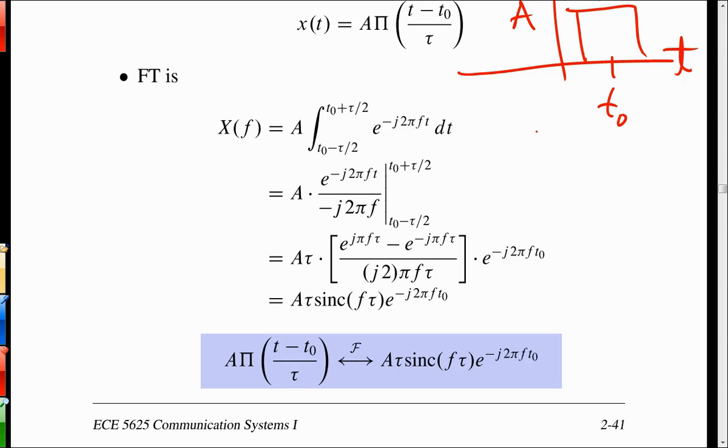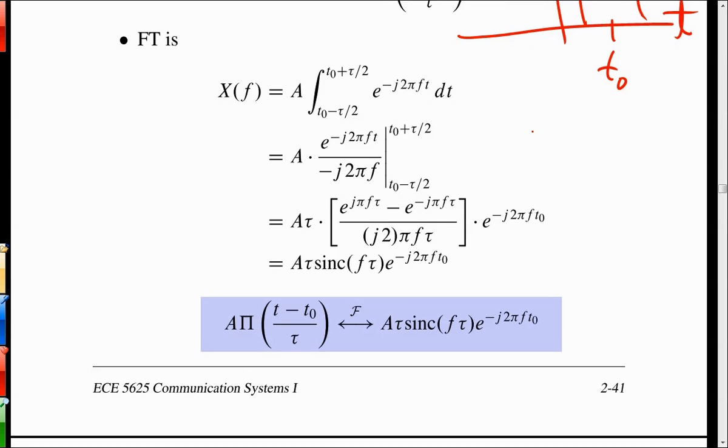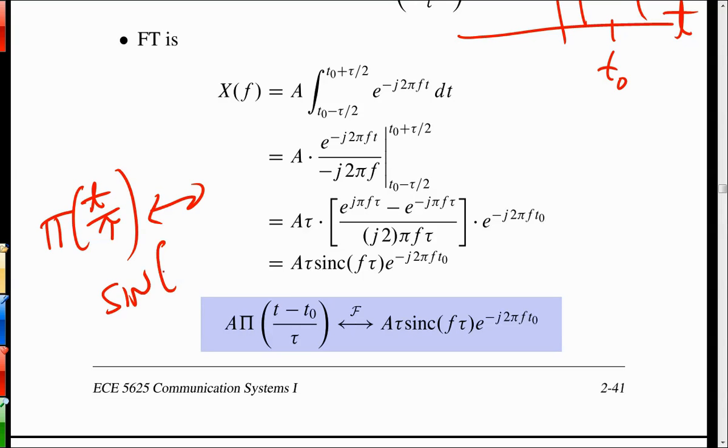And actually, the one that I remember is not with the t naught in there, because that gets handled with the delay theorem that comes up here. The one that I remember is simply that the rectangle of t over tau transforms to tau times the sinc of f tau. That's what I remember.